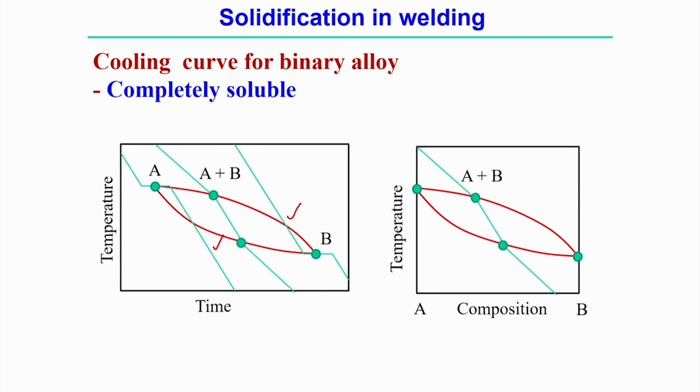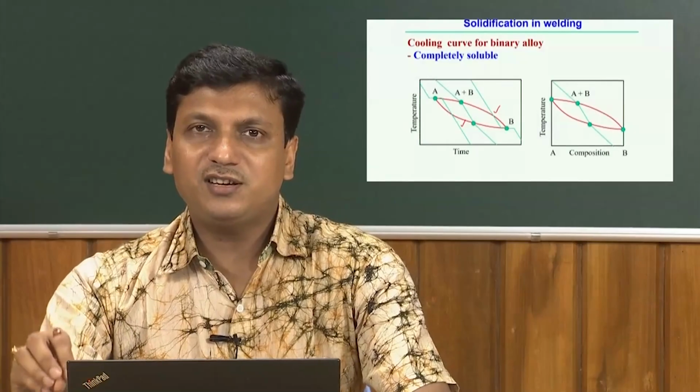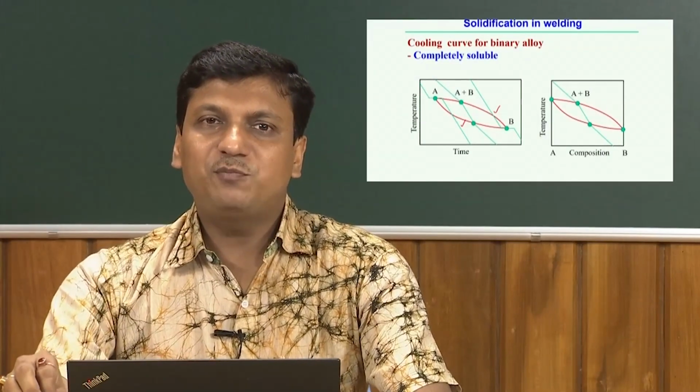But here there are two components, so this is a specific alloy system. In this case, point A is a single point. That single point indicates the melting point of component A. That means it indicates a pure metal.